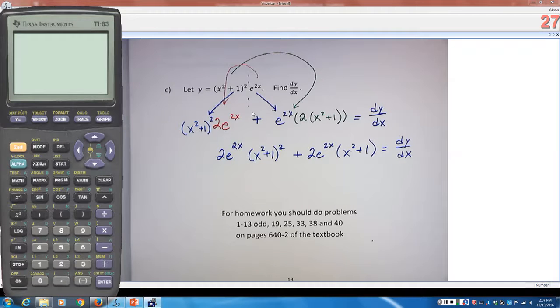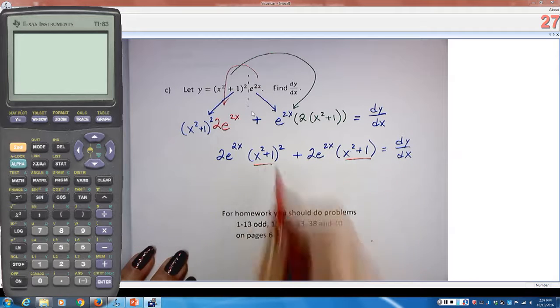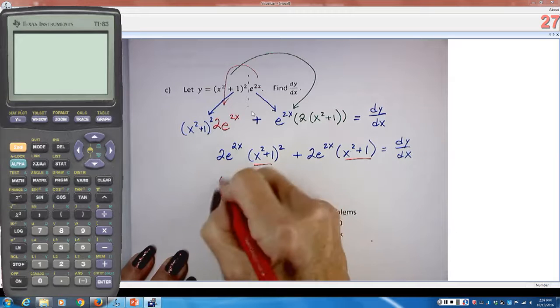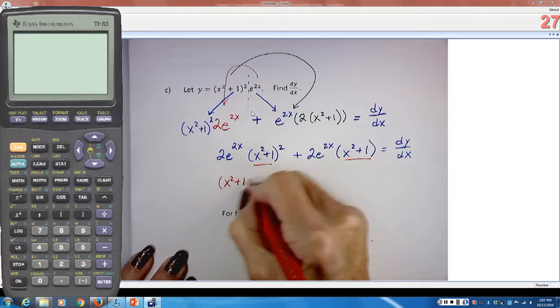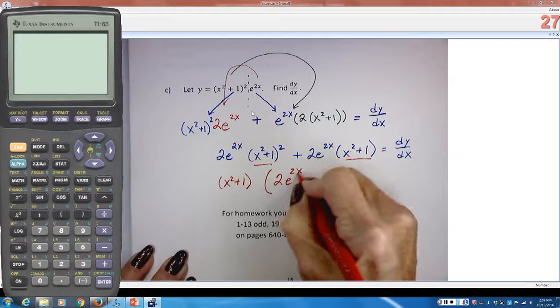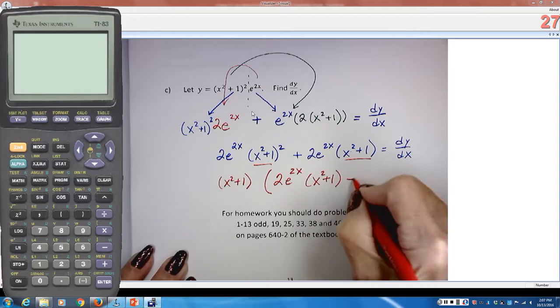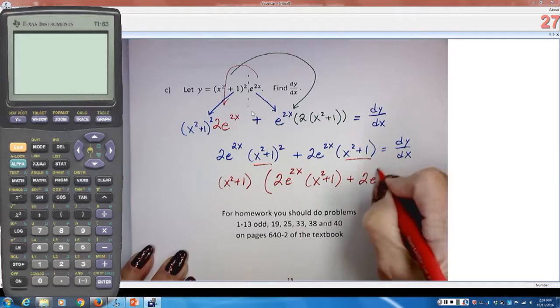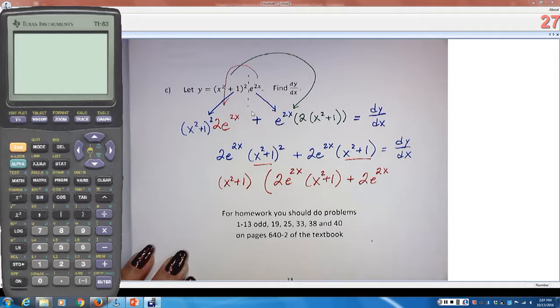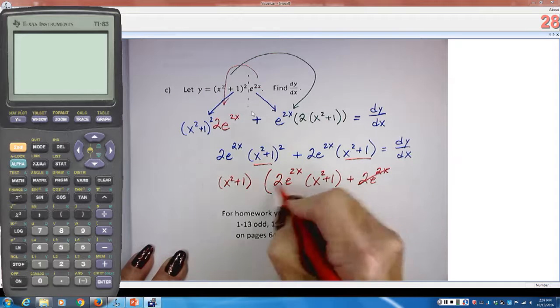And I will tell you, for the sake of those of you that are going to look at what your math lab tells you it looks like, they're going to say, oh, we have a common factor. Let's factor that out. And actually, once I got that part factored out, I say, oh, wait, I've got another common factor.